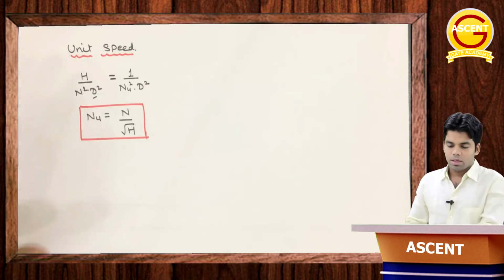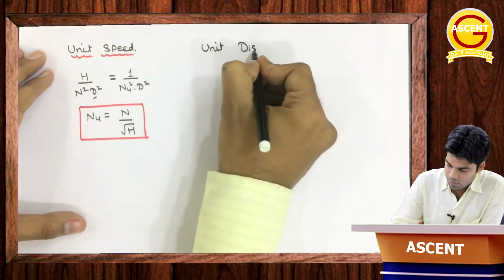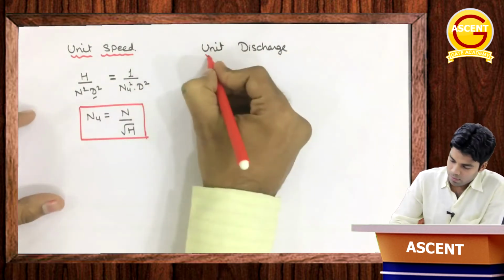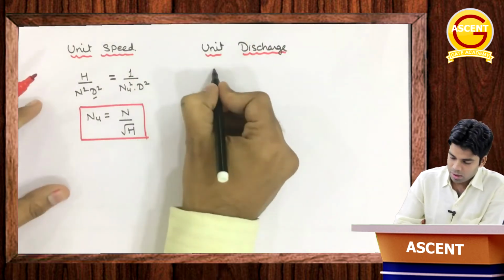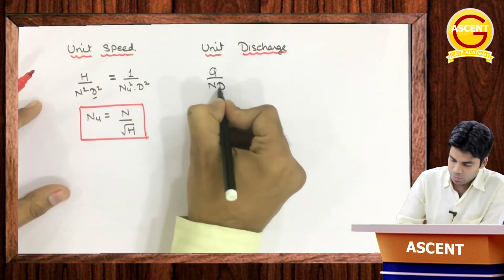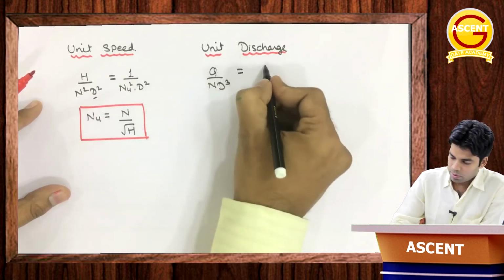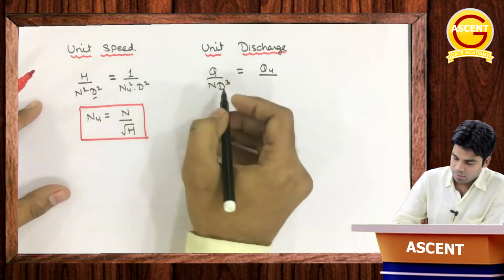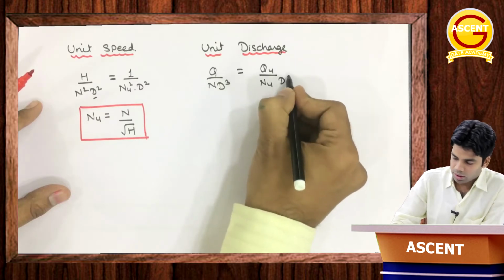Getting this or not? Similarly we can have unit discharge. Now what is unit discharge? Same thing, Q by N D cube. Q will be Qu, unit discharge, N will be taken as Nu, into D cube.